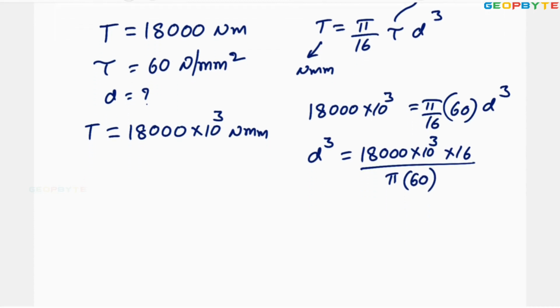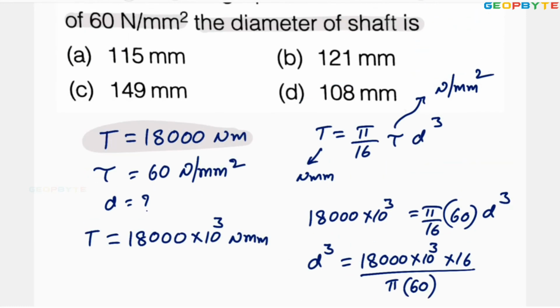You simplify this value for getting the D. I am giving the D directly: 115 mm. Therefore, the required shaft diameter is 115 mm to carry 18,000 Newton meter torque.